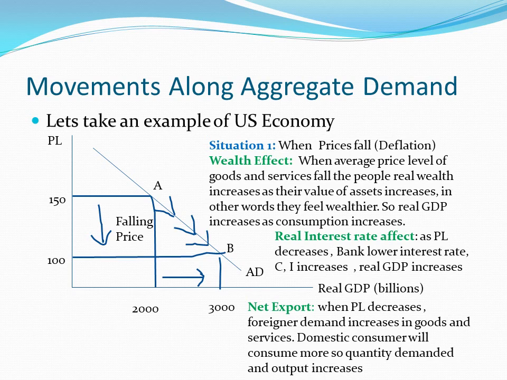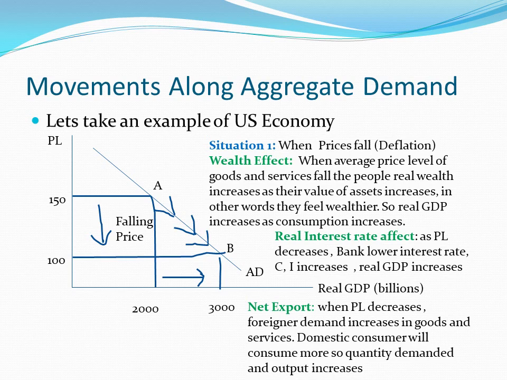When people have more money, they can consume more, or purchase more things. So when their consumption increases, that means real GDP increases from 2,000 to $3,000 billion.